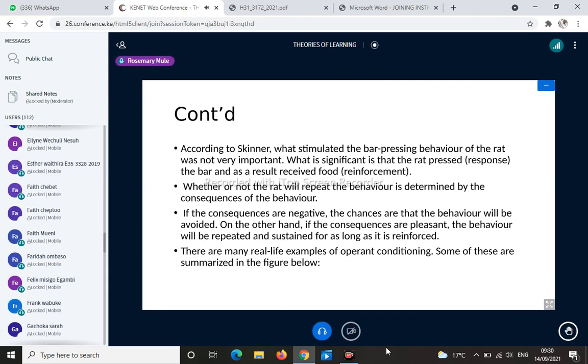So according to B.F. Skinner, what stimulated the bar pressing behavior of the rat was not very important. What is significant is that the rat pressed or responded to the bar, and as a result, it received food, which is a reinforcement.